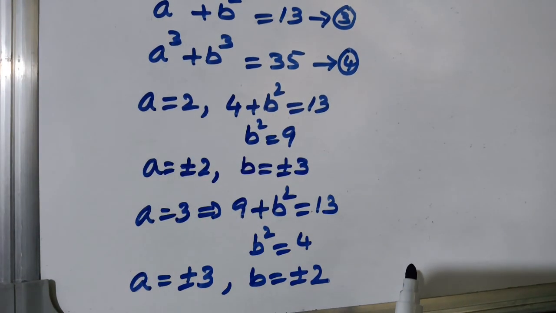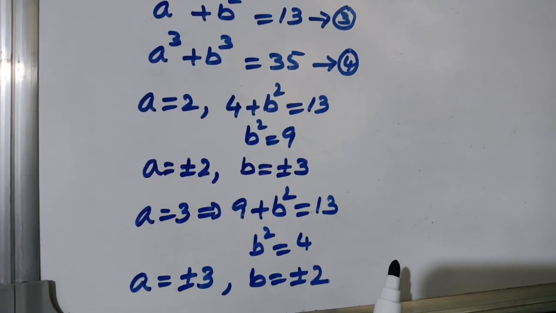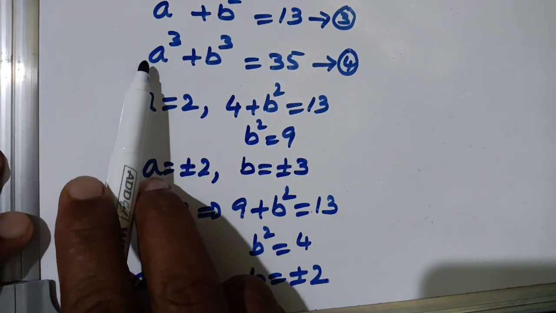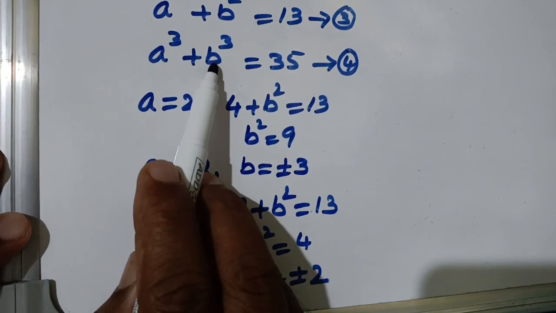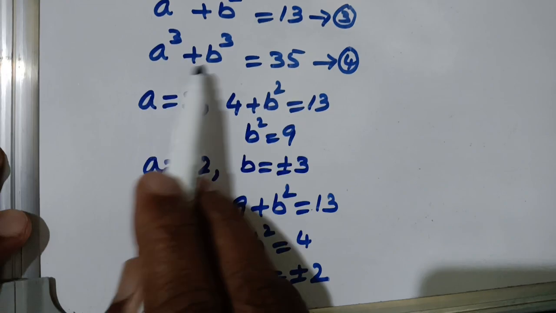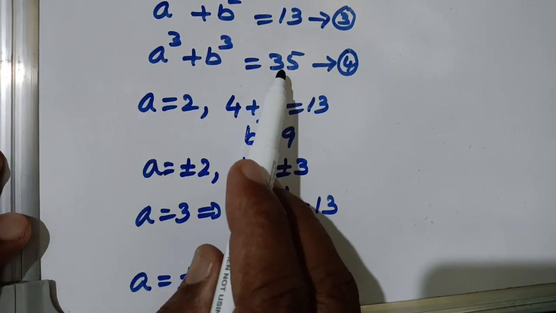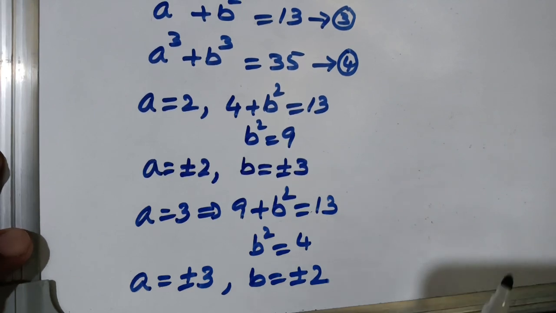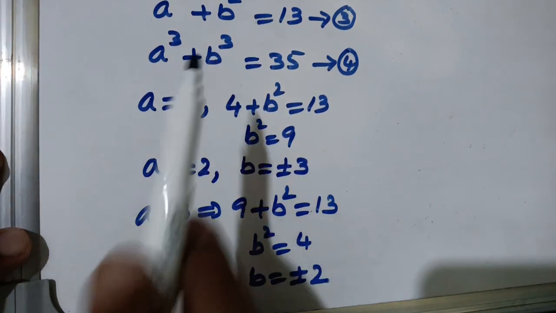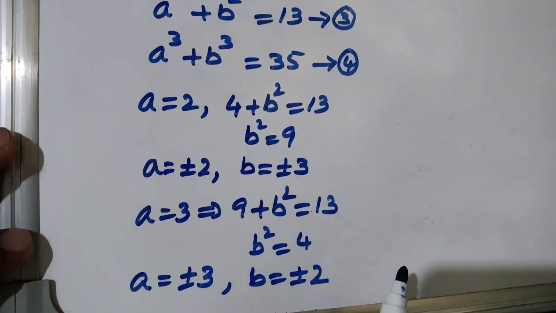Now when I take a is equal to minus 2 and b is equal to minus 3, when I substitute, it completely makes the answer negative, that is minus 35 I am getting, but on the right hand side I have plus 35. It appears that a is equal to minus 2 and b is equal to minus 3 does not give a solution for this one. Okay, at this moment we can accept it.